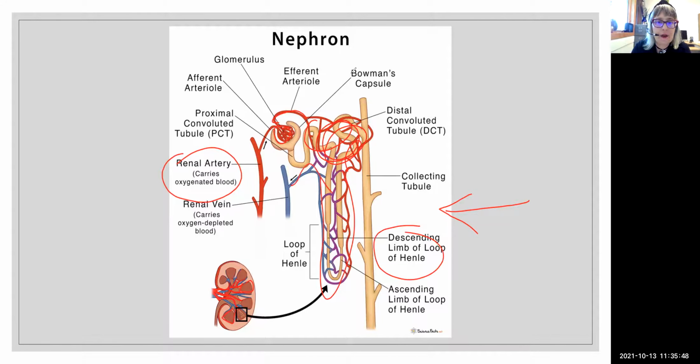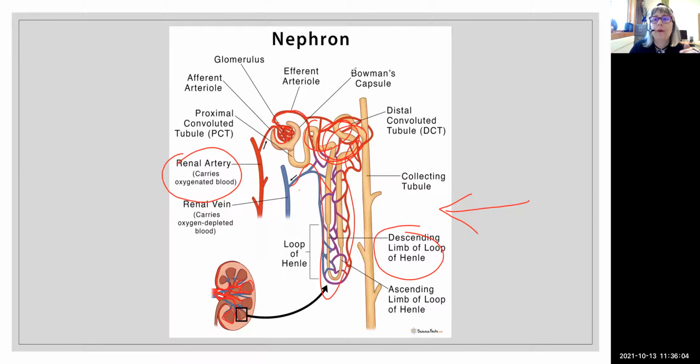From there, it feeds into the corticoradiate vein, arcuate vein, segmental vein, renal vein, and then inferior vena cava back to the heart. So that's the blood flow.